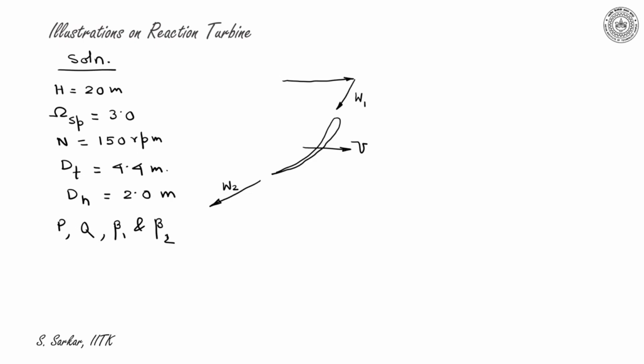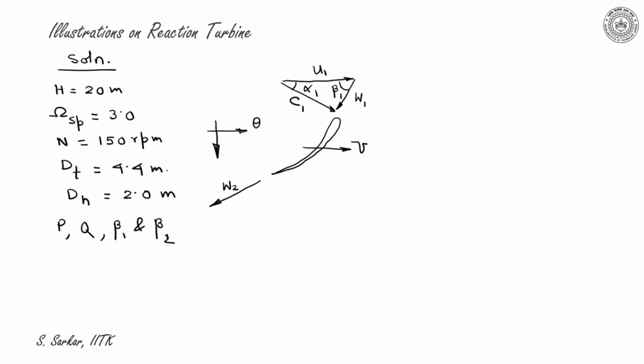At exit, W2 plus U2 would be equal to C2. Here C2 is in the axial direction and this is alpha 2. Alpha 2 would be 90 degree here and this is beta 2.